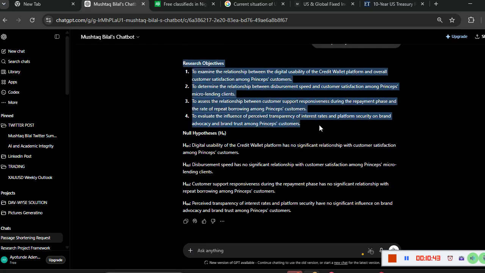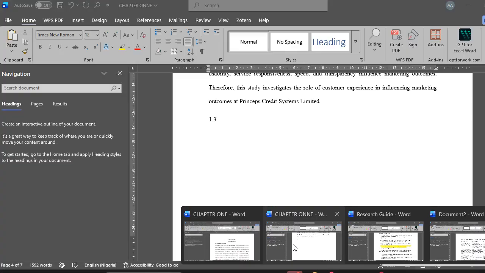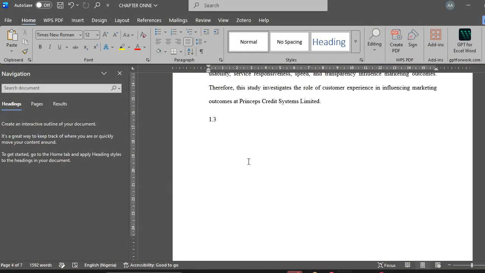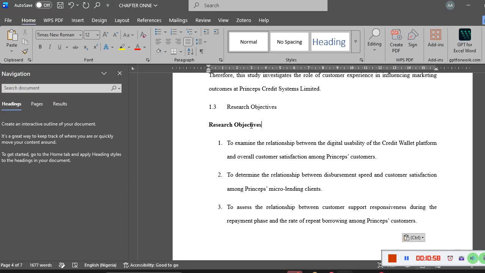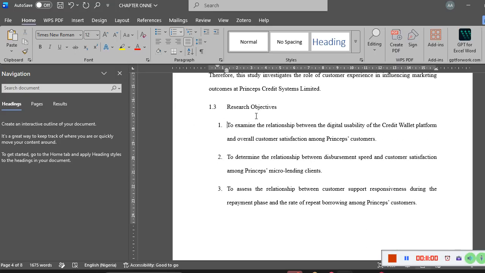So we have our research question, and objectives now. Here we have research objectives. It is always research aim and objective.